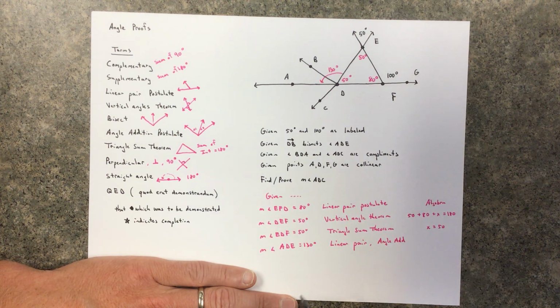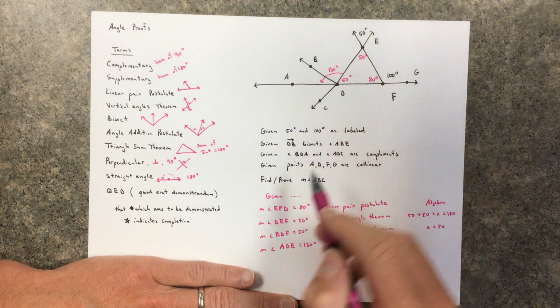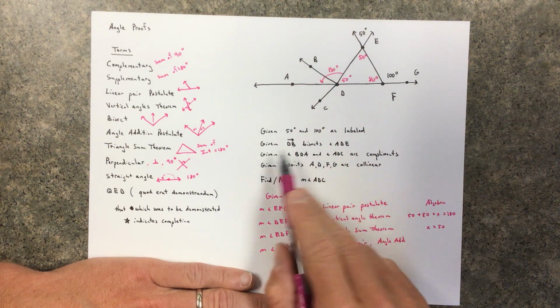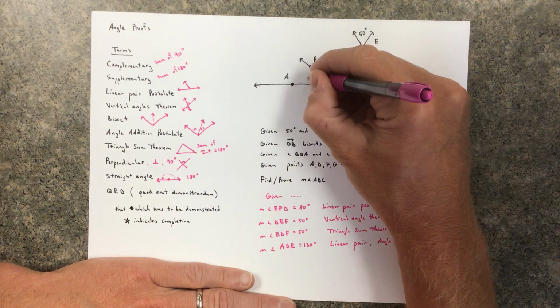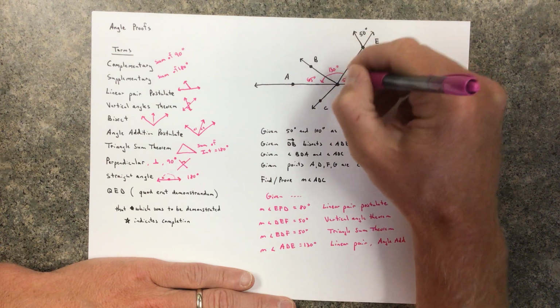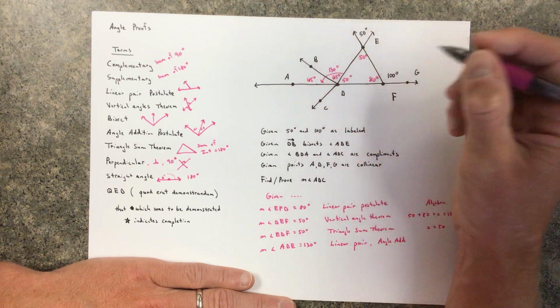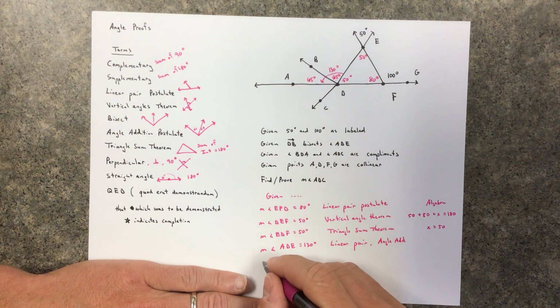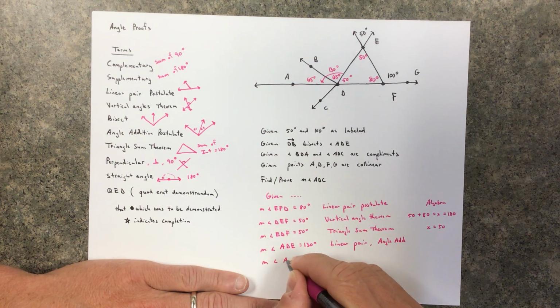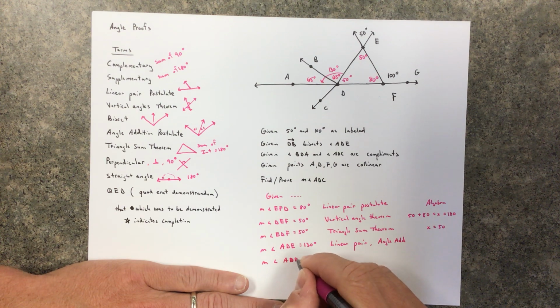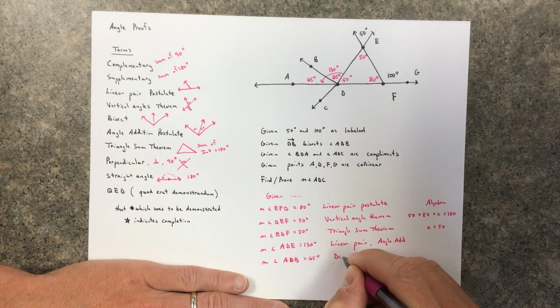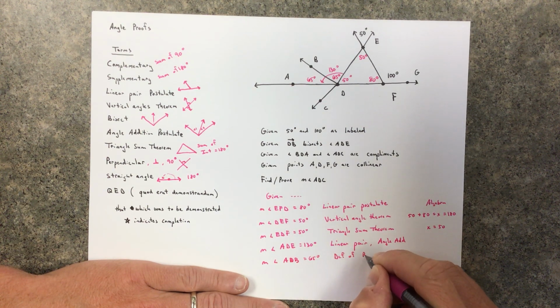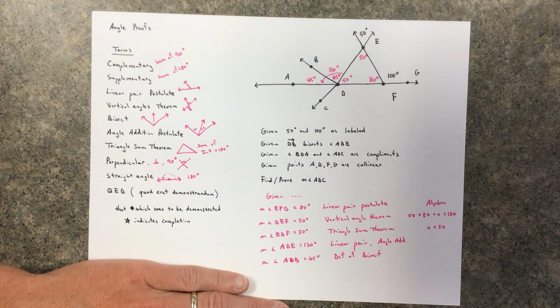postulate. And then we know that if this is 130, we know the definition of what it means to bisect. So given DB bisects this angle, then we know that this actually has to be 65, and then that has to be 65, because of the definition of bisect. So now I know the measure of angle ADB is 65 degrees, because of the definition of what it means to bisect.